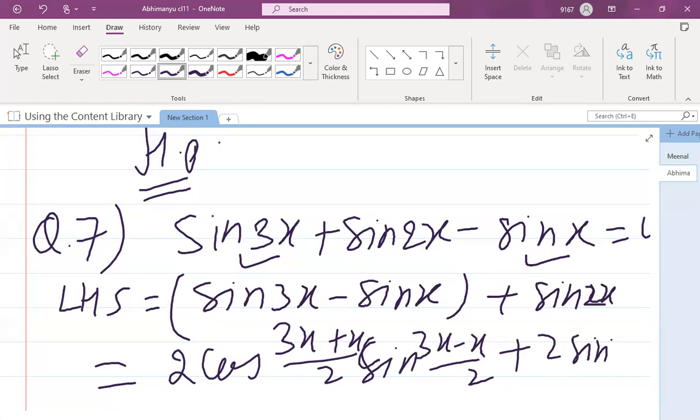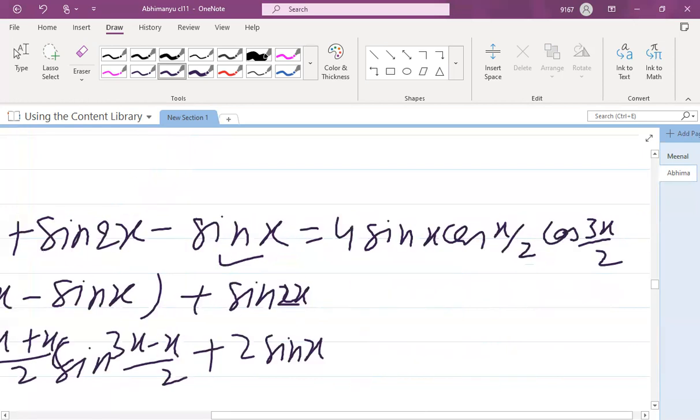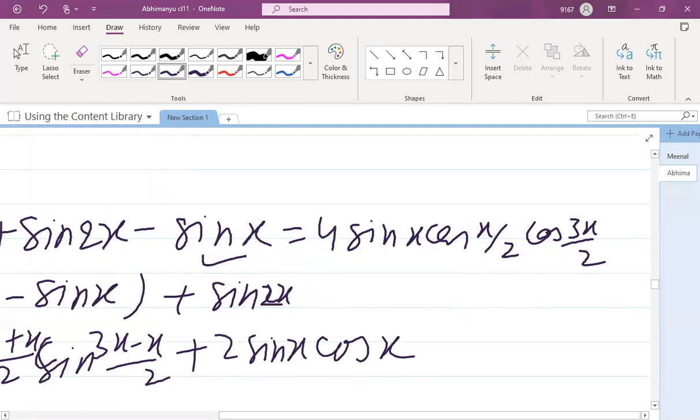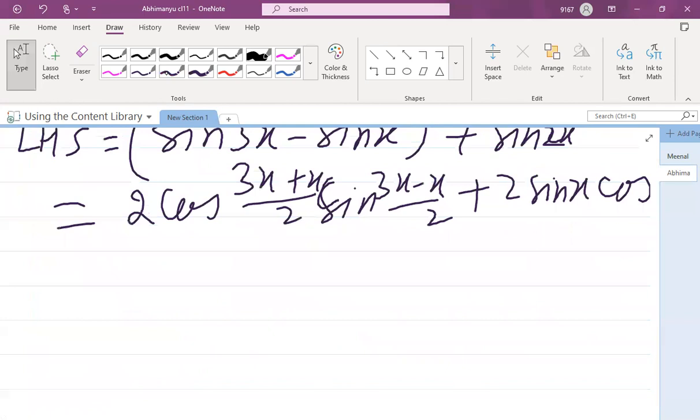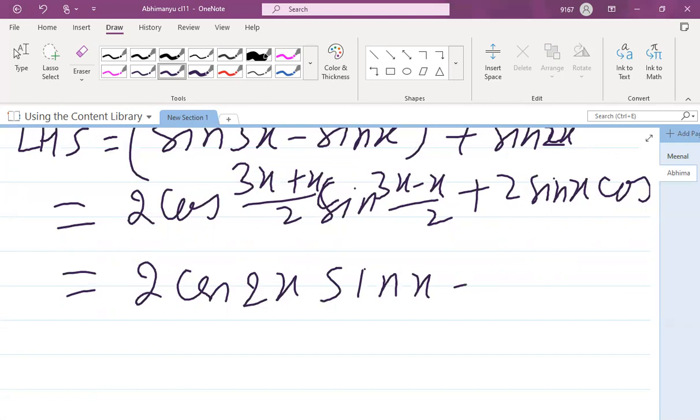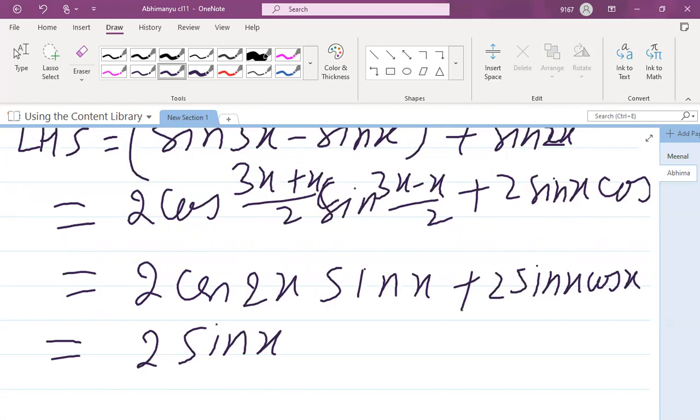Sine 2x can be written as 2 sine x cos x. So from here, 2 cos 4x by 2 is cos 2x. 3x minus x, 2x by 2, sine x. And plus 2 sine x into cos x. 2 sine x is common. 2 sine x taken common, and cos 2x plus cos x.